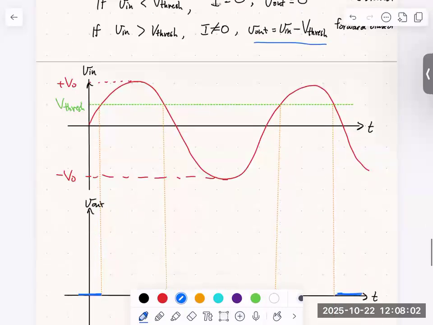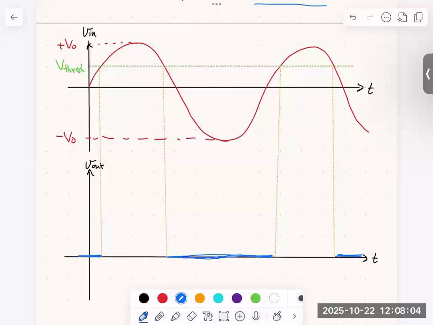And so it should have the same shape as the input. It'll just be lower in amplitude by an amount of V threshold. And so our output would look something like this. And this value here, the peak, sits at V in minus V threshold. So the peak of V in is V naught. So this peaks at V naught minus V threshold.